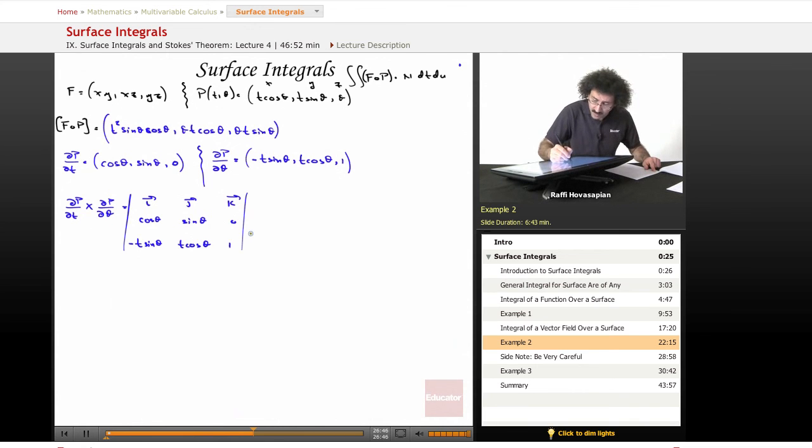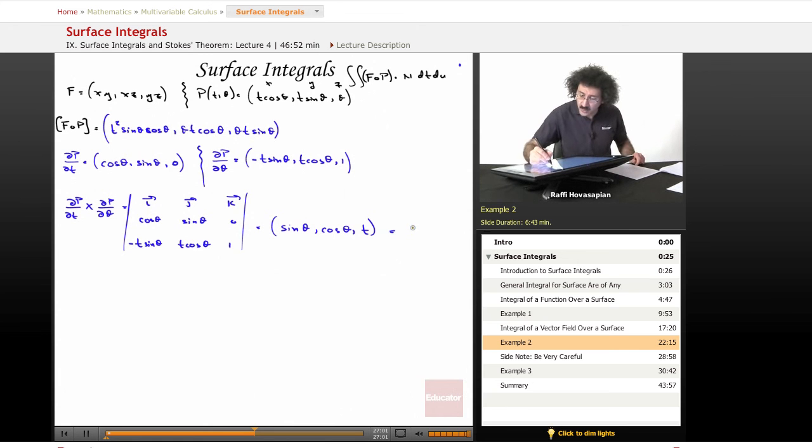When I form this determinant, I end up with sine theta, minus cosine theta, and t. Good. This is my n. So now I have n, and I have f of p.